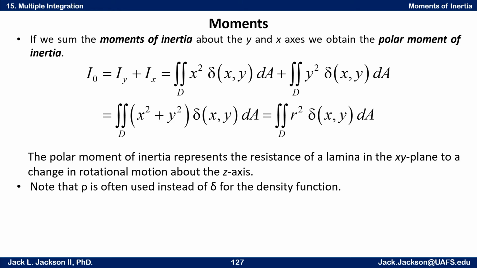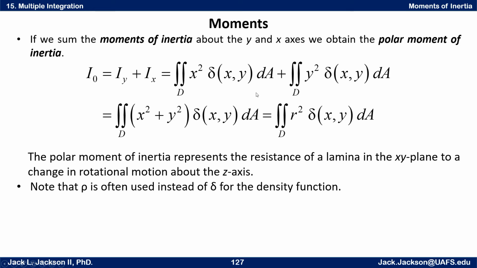If we sum the moments of inertia about the y and x axes, we obtain what's called the polar moment of inertia. I sub 0 is I sub y plus I sub x, that is the double integral of x squared times the density dA plus the double integral of y squared times the density dA.